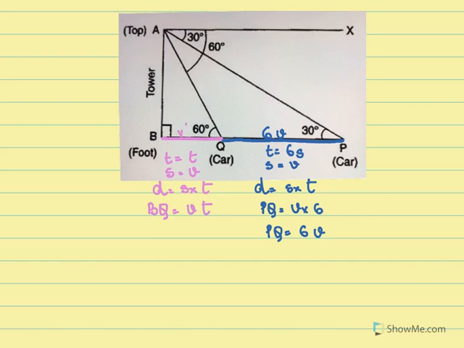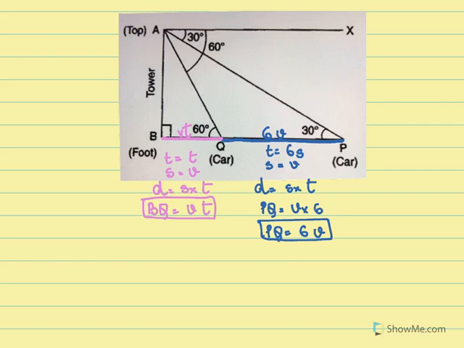So here we take this as VT. This is a little different from the rest of the sums, where we take BQ as VT and PQ as 6V. Now keeping this in mind, we do the sum just like any other sum.